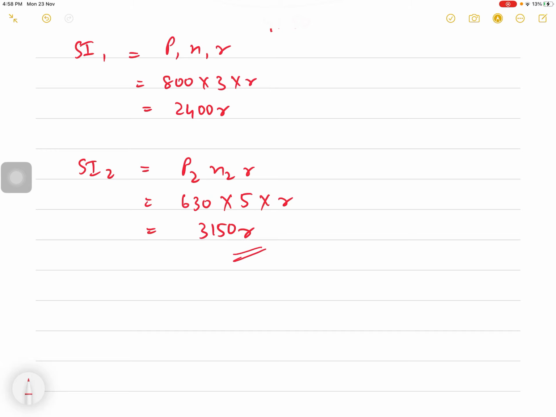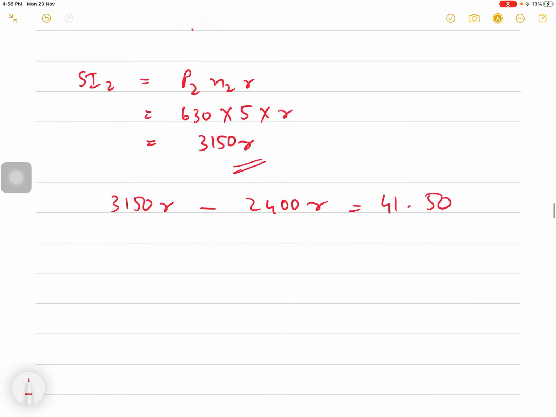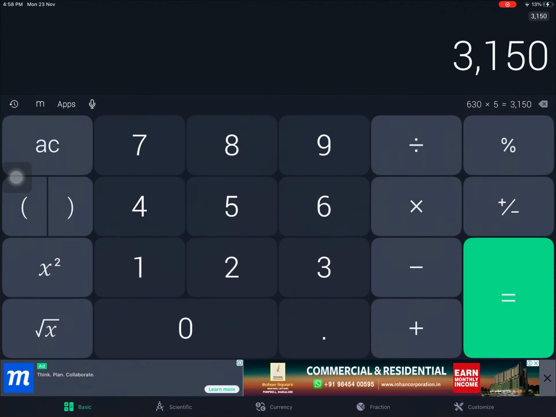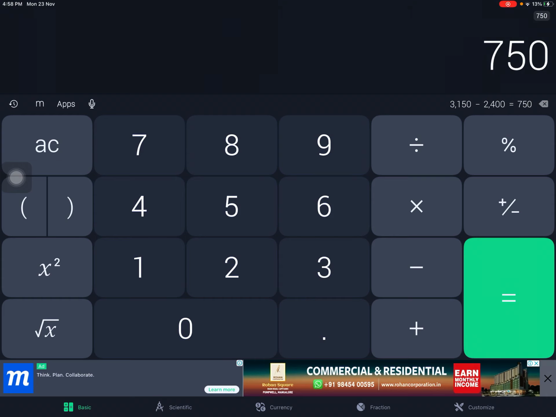Okay, so SI2 is greater, so 3150 R minus 2400 R is equal to 41.50. So 3150 minus 2400, it is 750.